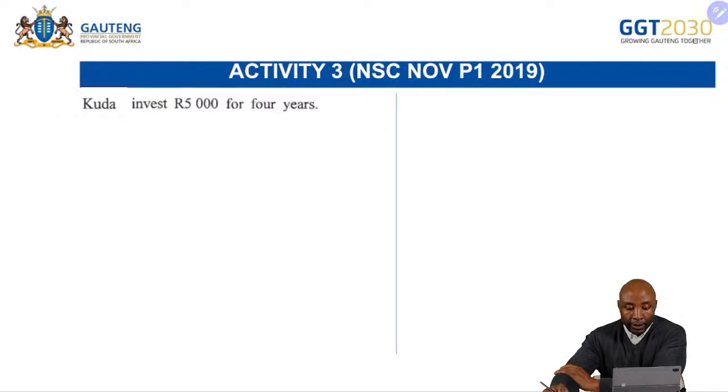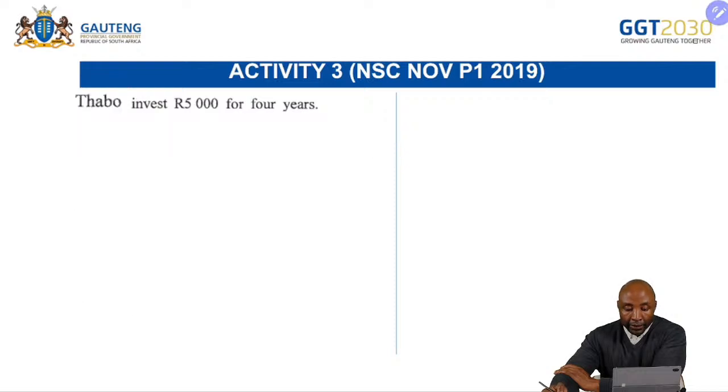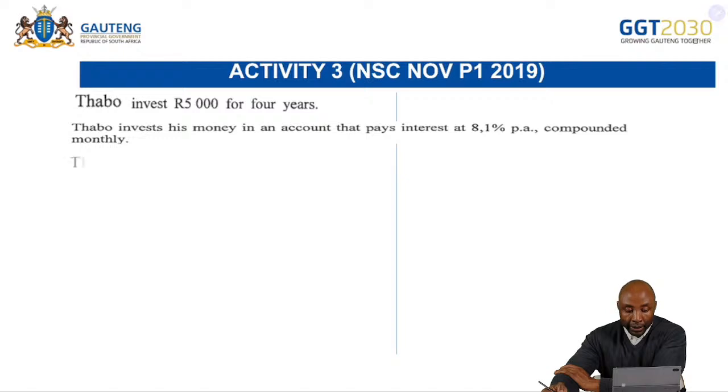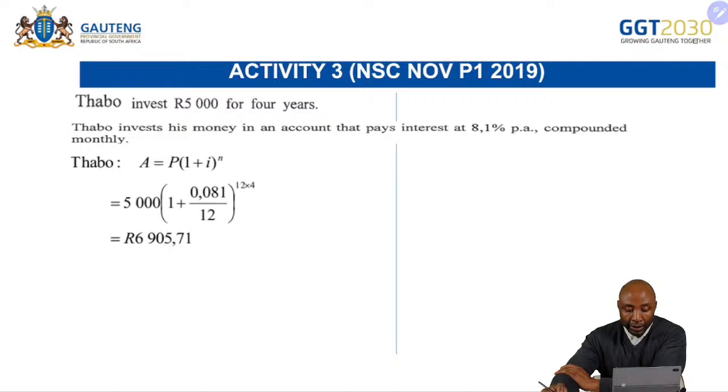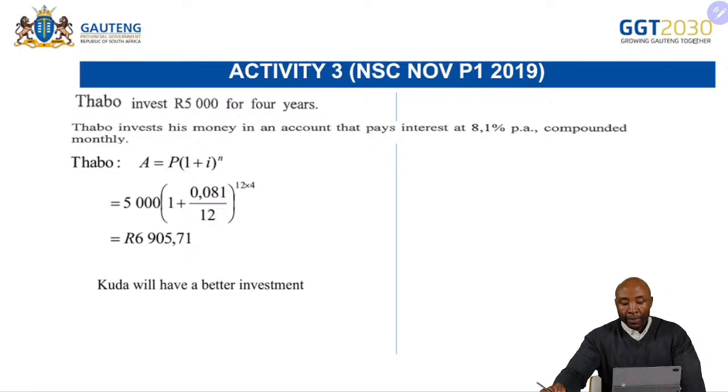And for Kuta, you will find out that the amount that he will get finally is 6,926. And for Tabo, the amount that he will get is going to be 6,905. So meaning you are comparing the two. Whoever gets the highest money, it means it will be a better investment.